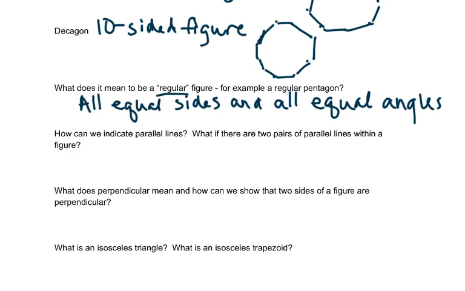All right, I've already answered this next question. How can we indicate parallel lines? We indicate parallel lines with those arrows on those segments. And if there are two pairs of parallel lines within a figure, we change the number of arrows.